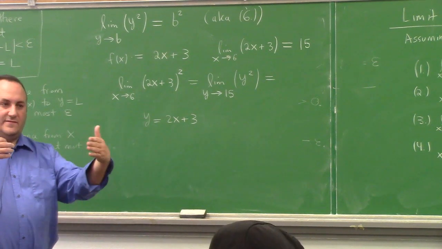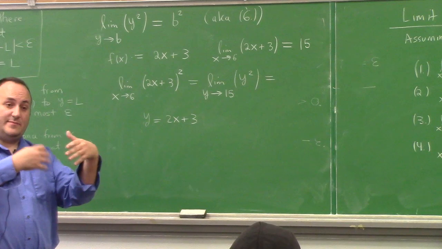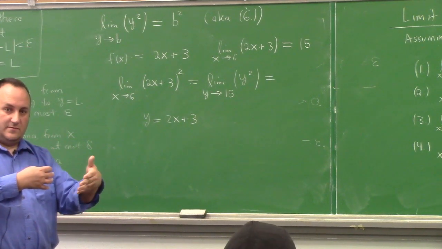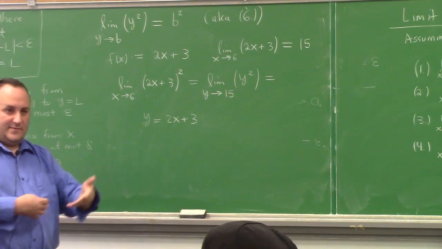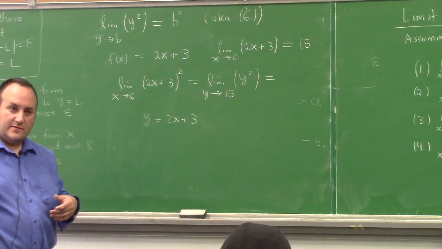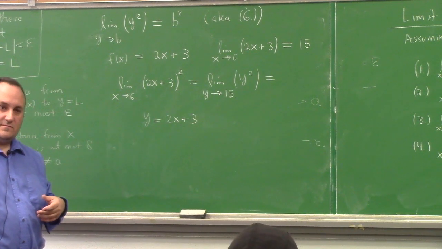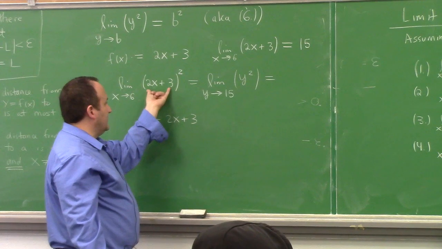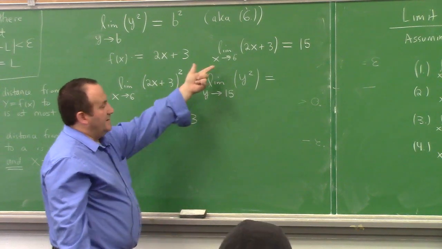If you understand the limit of the inside function of a composition, what it goes to, you can trade the limit for the given variable for a new substituted variable, where the new substituted variable limits in the natural way, because 2x plus 3 goes to 15 as x goes to 6.